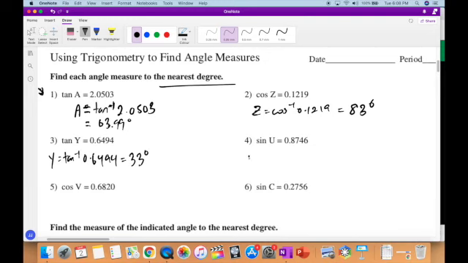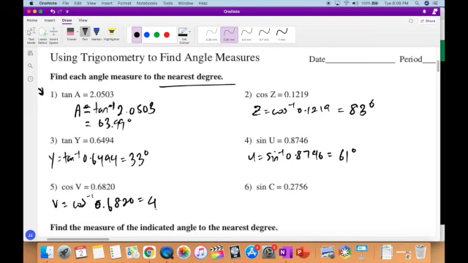What's number 4? The sine inverse of 0.8746, which is 61. Thank you. V is the cos inverse of 0.6820, which is 47.